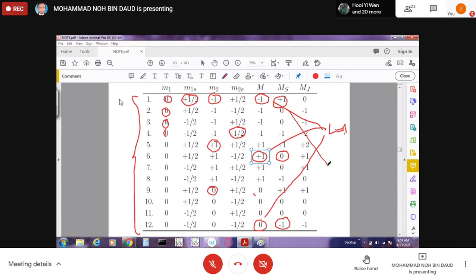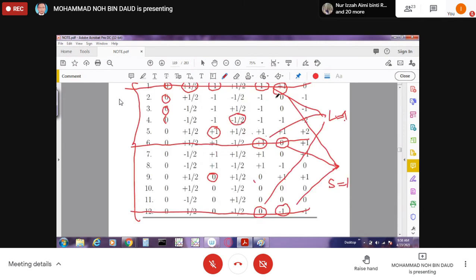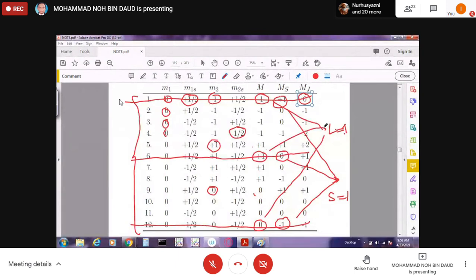In between is 0, so this is S1. So now we can eliminate this row. To get this. So how about J? We know from the coupling, L plus S till L minus S, so you get 0, 1, 2. You also can prove from here. This is MJ0, MJ plus 1, MJ minus 1.